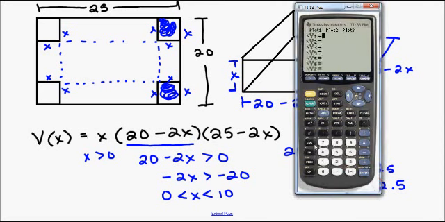So plugging this into y equals, I have x times (20 minus 2x) times (25 minus 2x). And graphing, I think I'm going to have to change my window. So I said x min is going to be 0.